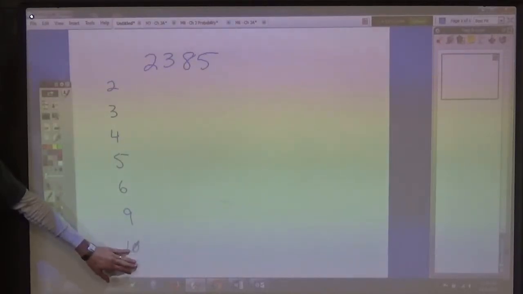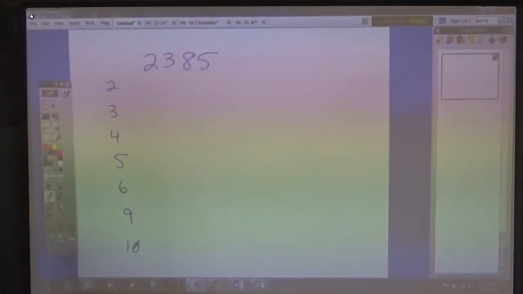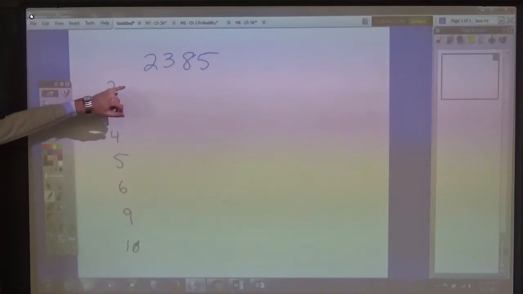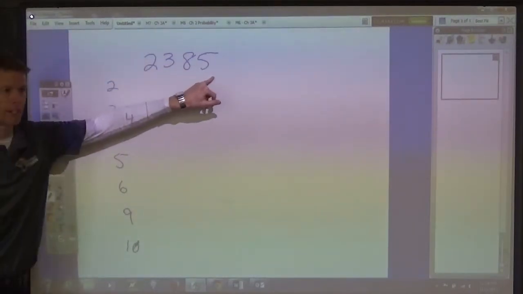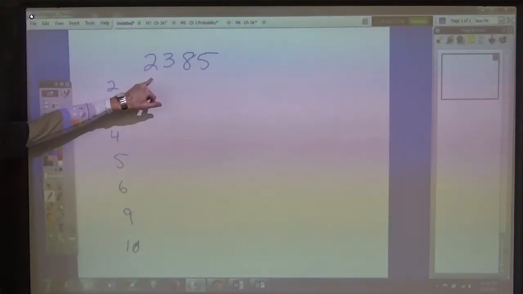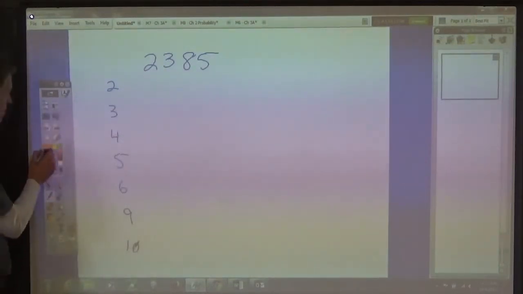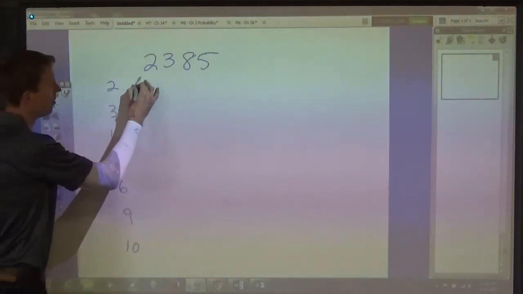A 0, right. If it ends in 0, we know it's divisible by 10. So, is this number divisible by 2? Why not? Because it ends in a 5, an odd number. So write no.